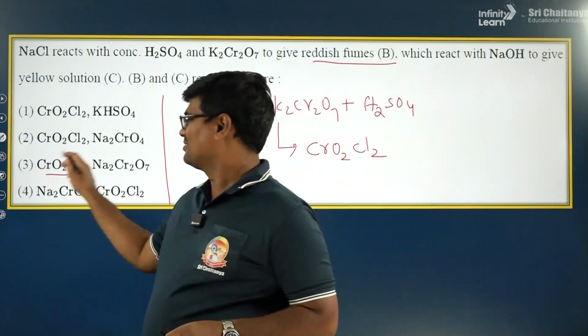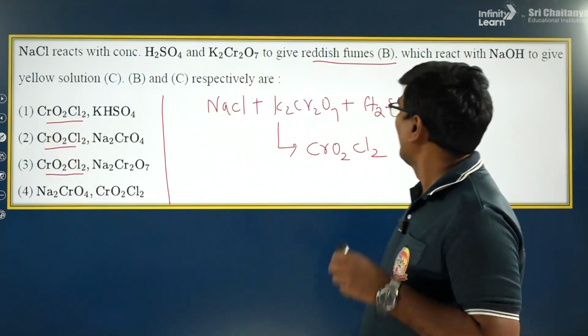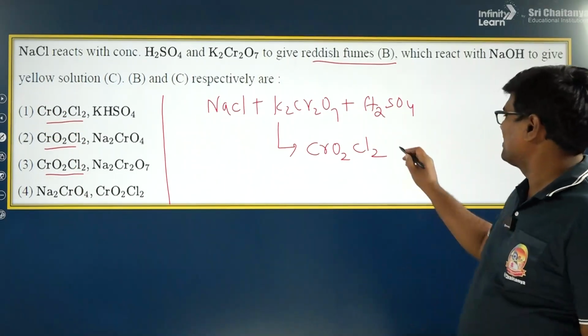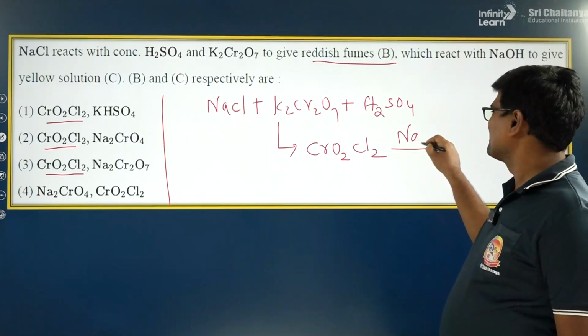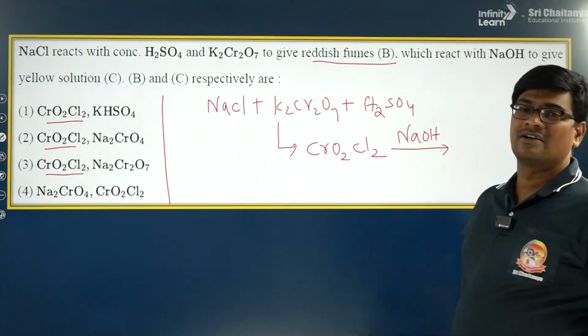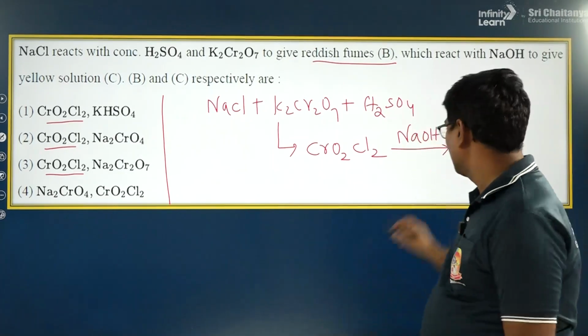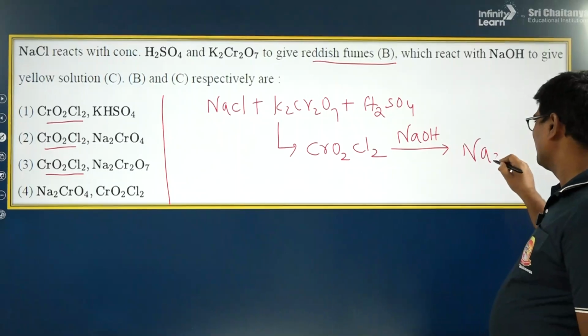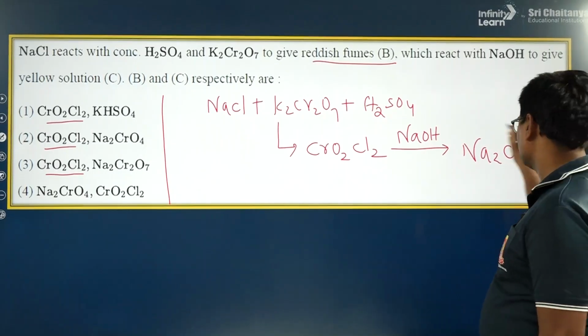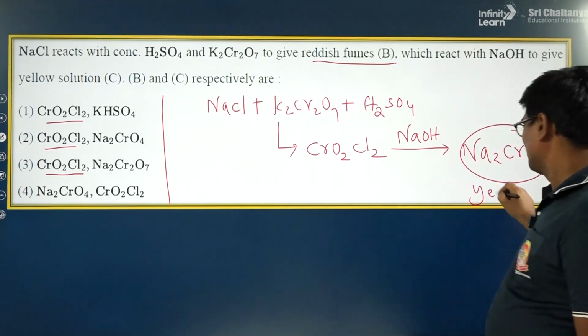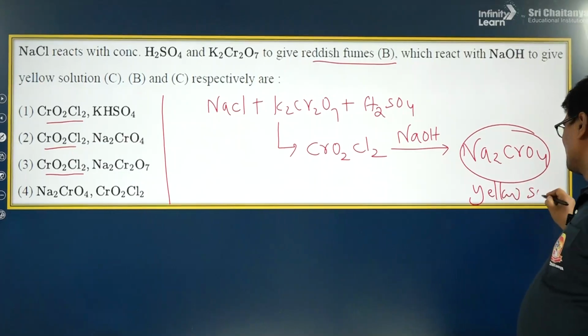CrO2Cl2. We have the options like this. And then this is passed through NaOH. Then we get a yellow solution of sodium chromate, Na2CrO4. This is the yellow color solution.